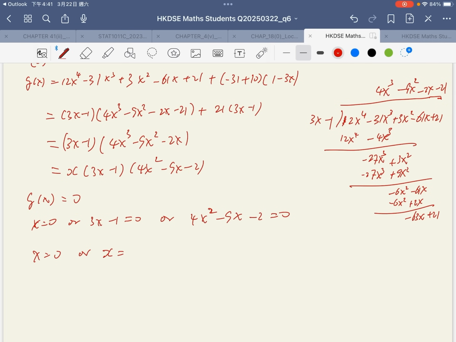The first two roots are rational, and for the last one, x equals 9 plus minus square root 113 over 8. This is irrational. These are two irrational roots.